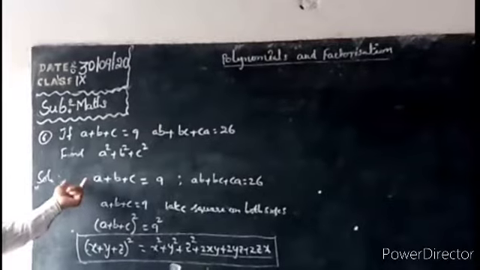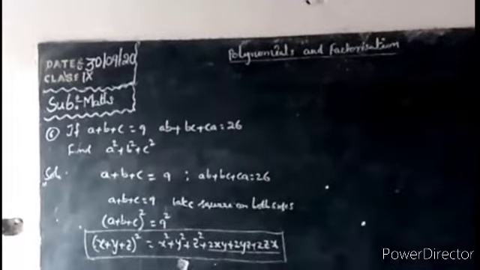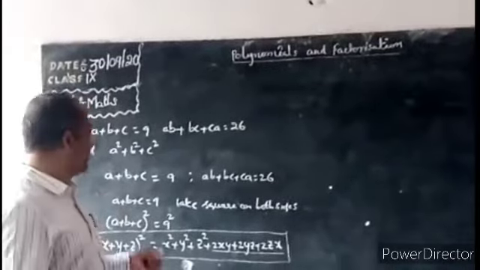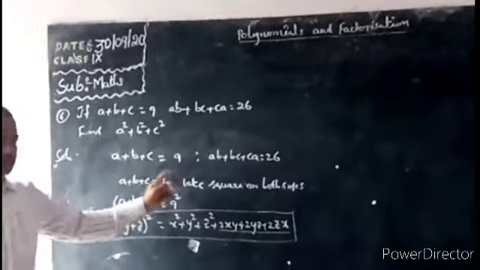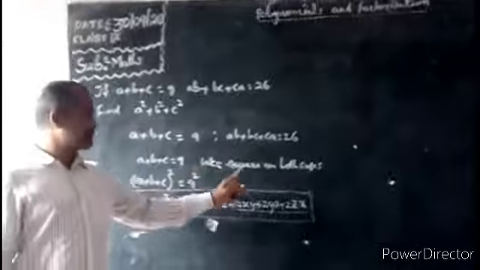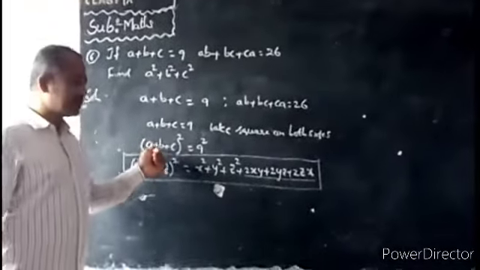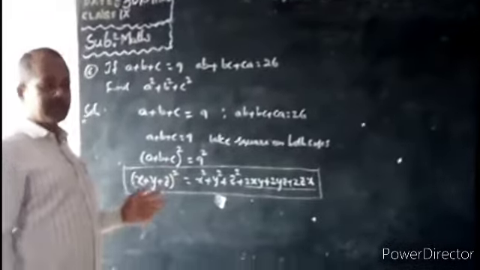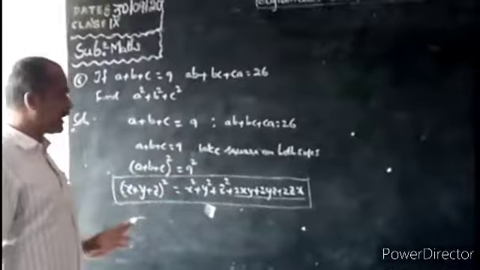How do you get a square plus b square plus c square? For the given a plus b plus c, we should take squaring. We should square both sides. a plus b plus c is equal to 9, take square on both sides. Now it becomes a plus b plus c whole square is equal to 9 square.